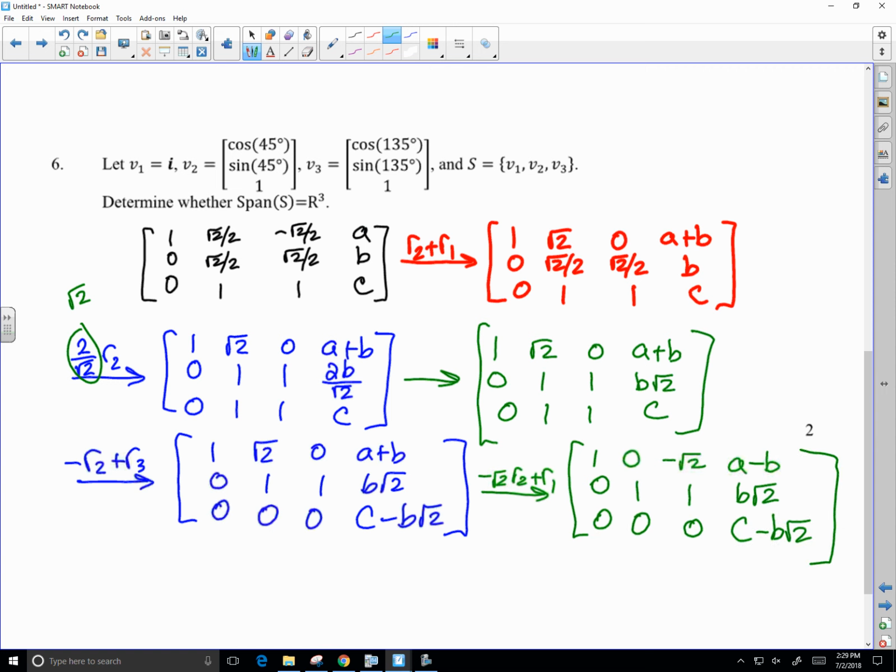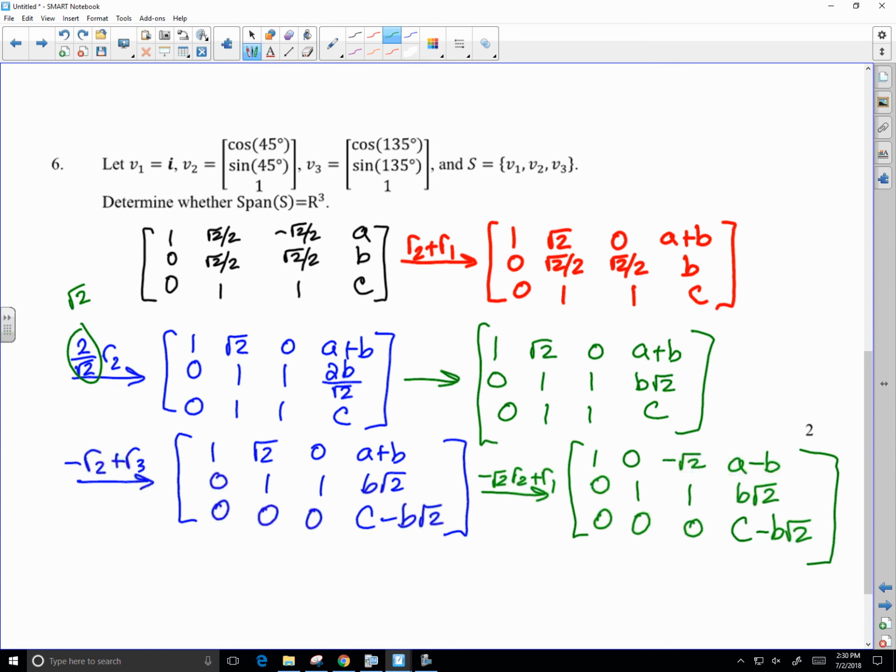But the bottom line is that wasn't really a necessary step, because we need to make a determination of whether or not S will span R3. The only way that's going to happen is if you have solutions that always exist. Here we're looking at a situation where it's only going to exist under one particular set of circumstances.